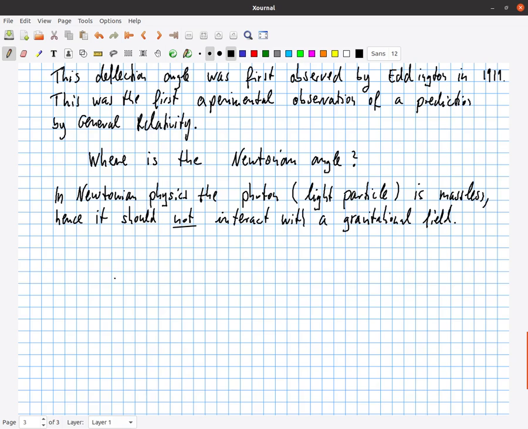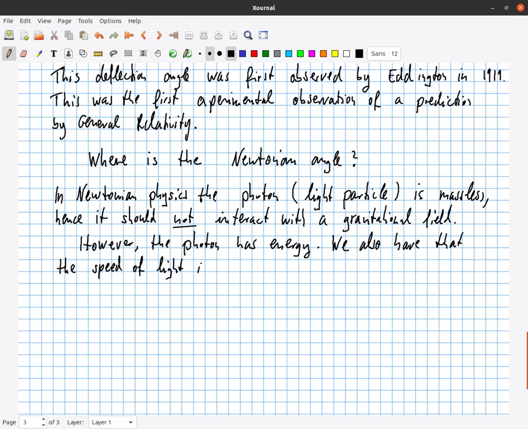So the back of the envelope argument is as follows. However, the photon or the radiation has energy. So the photon has energy, full stop. We also have that the speed of light, or the speed of the photon, is finite.